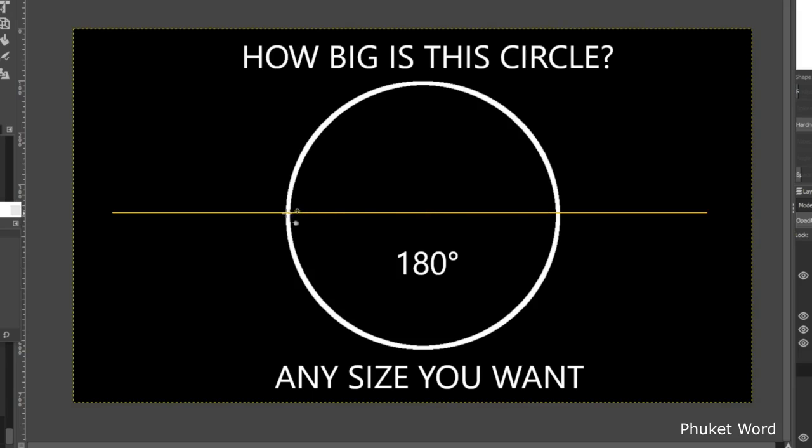So we're only ever going to be able to see 180 degrees across a flat surface anyway, no more than that. We also know that a triangle comprises angles totaling 180 degrees. So by just taking a section of this circle, turning it into a triangle, basically half a semicircle, we end up with the same number of degrees as we do in an entire semicircle.